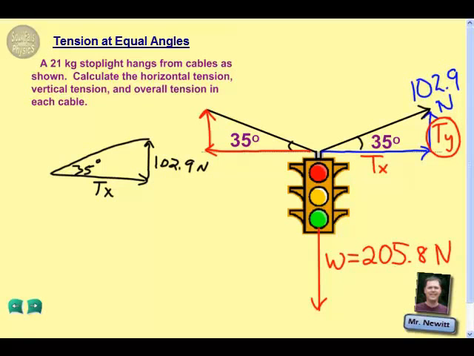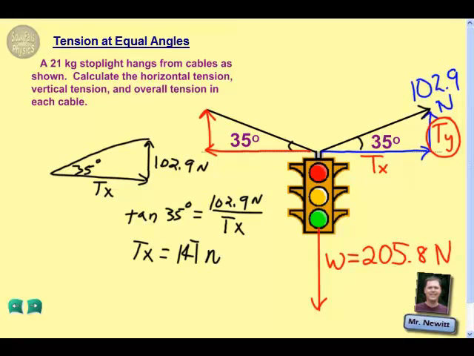So a little trigonometry here using our 35 degrees and knowing that the opposite side is 102.9, we can set up this equation that the tangent of 35 degrees would be equal to 102.9 newtons divided by the tension in the horizontal direction. Solving that, we get the tension in the horizontal direction to be 147 newtons.